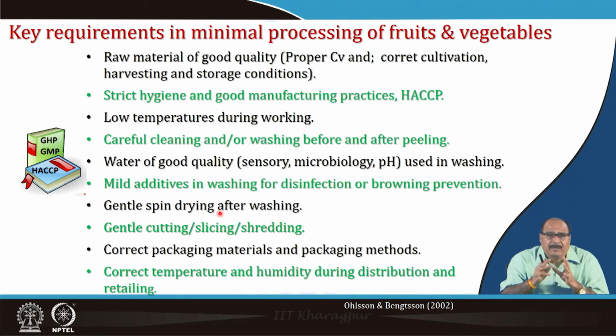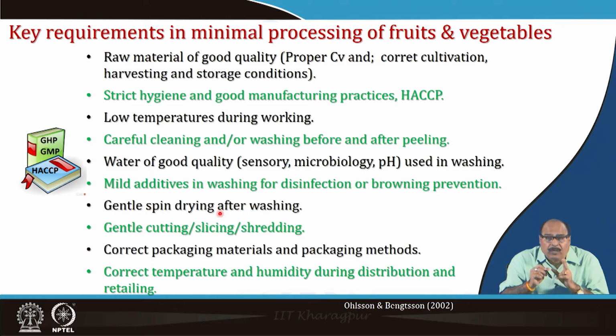So, the key requirement in minimal processing of fruits and vegetables is, number one, that the raw material should be of good quality, that is, it should have a proper cultivar variety and correct cultivation, harvesting and storage conditions. That is important. Strict hygienic and good manufacturing practices like HACCP should be followed, with low temperature during working, and careful cleaning or washing before and after peeling.